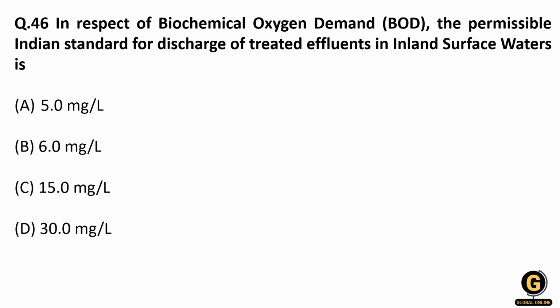In respect to biochemical oxygen demand, the permissible Indian standard for the discharge of the treated effluent in inland surface waters is. So students, what is biochemical oxygen demand? It is the amount of oxygen that microorganisms consume in the water so as to decompose all the organic matter, right?